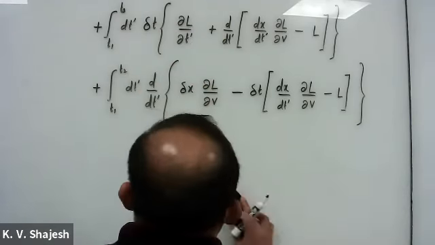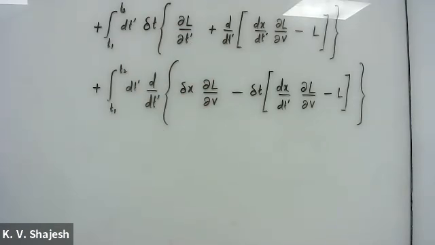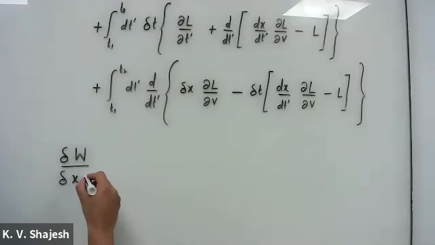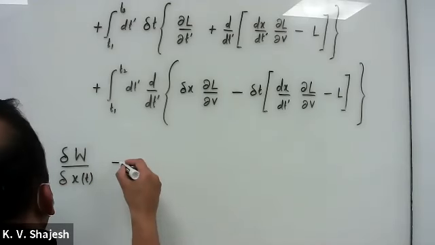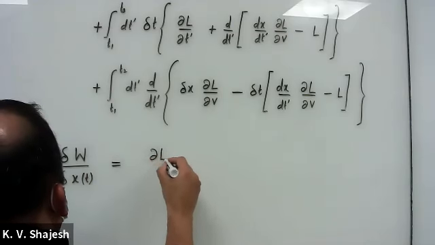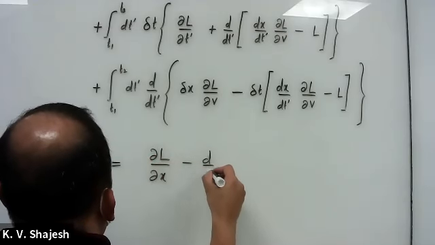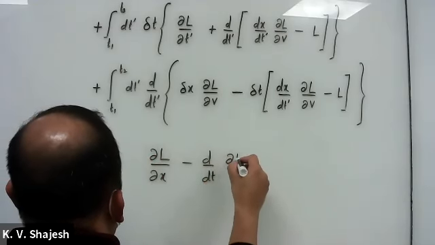So if I were to write this now as a differential statement, a functional derivative, we get the change in the action because of the variation in x along the whole path equal to the Euler-Lagrange equation, ∂L/∂x minus d/dt of ∂L/∂v.